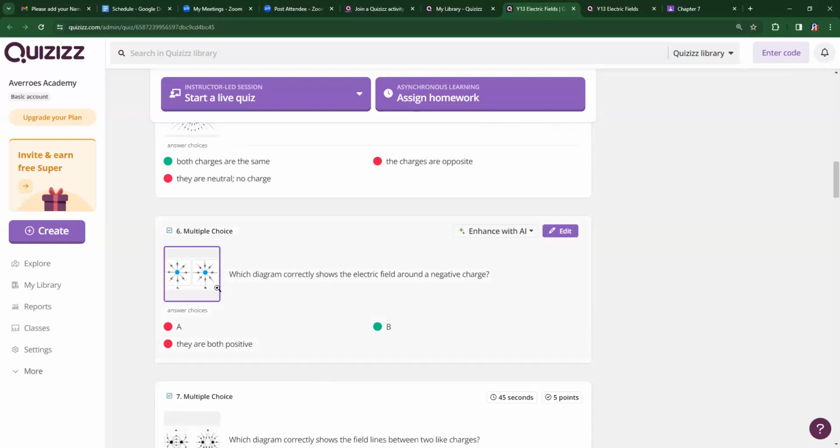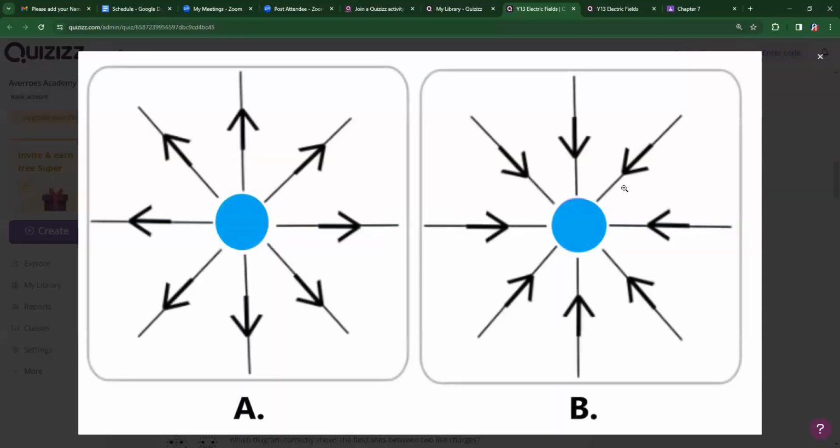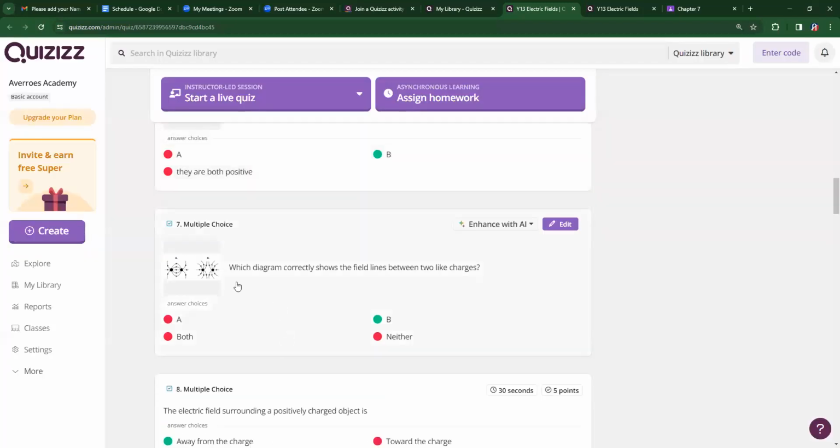Another diagram: which diagram correctly shows the electric field around a negative charge? A negative charge takes field lines into it, electric field lines are coming into it. From positive out, for negative inside. Which diagram correctly shows the field lines between two like charges?